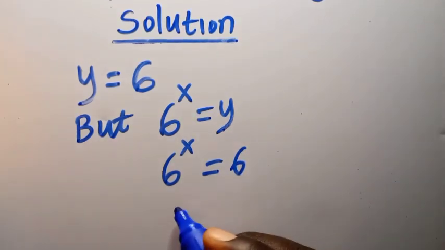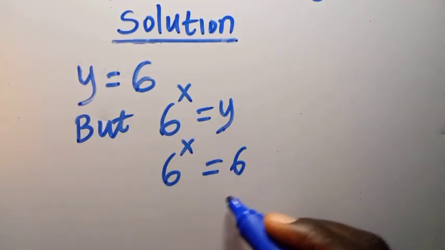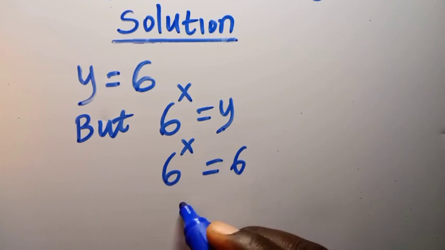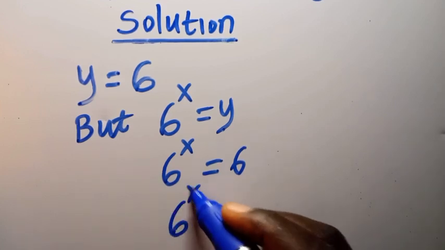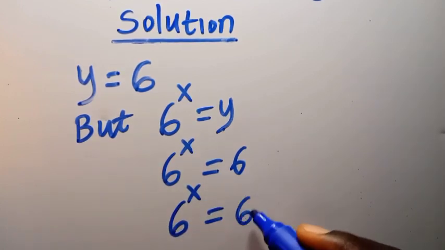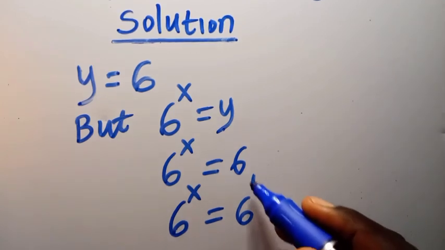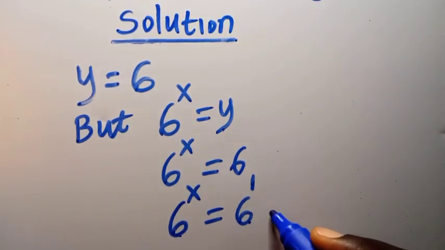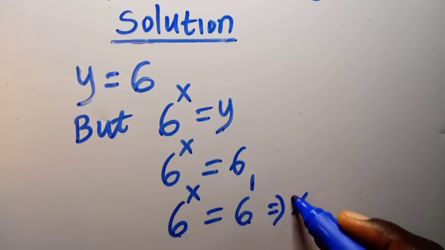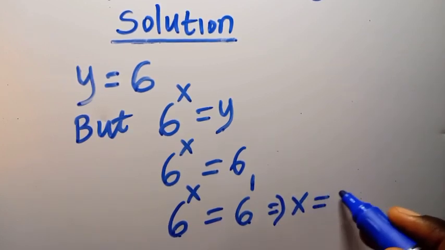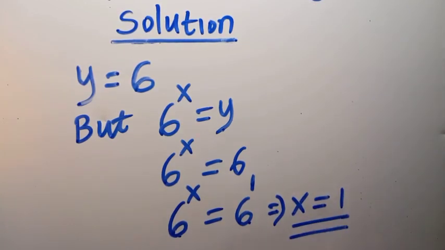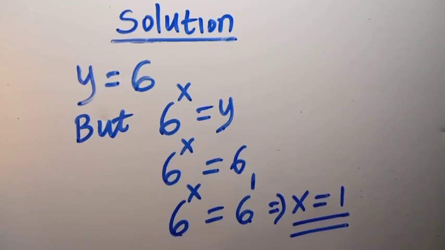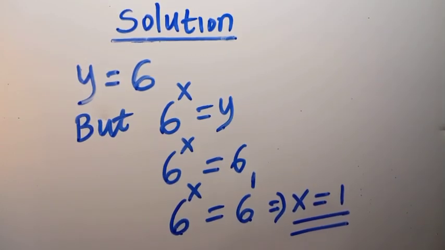From this point, we can say that we have 6 raised to x equals to 6 raised to 1. 6 raised to 1 is just the same as 6. And therefore, if the bases are the same, then we equate the powers. Therefore, the value of x is 1. And that is the answer of this indicial equation.